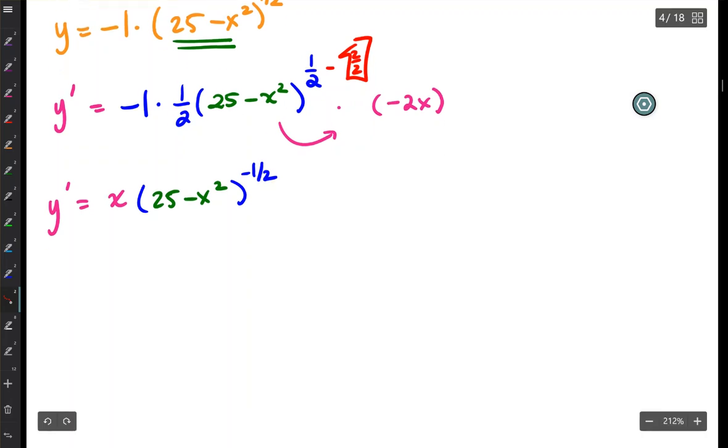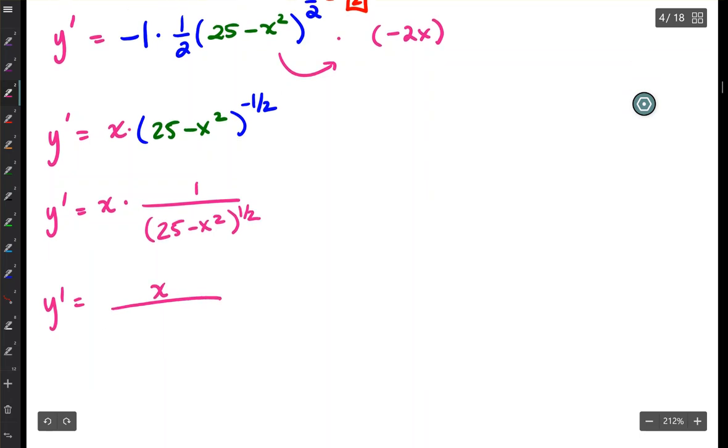And we are done, but let's clean this up. We have y prime is equal to x times stuff to the minus 1/2 power, which is 1 all over that stuff to the 1/2 power. Multiply fractions straight across. We have x all over the square root of 25 minus x squared.